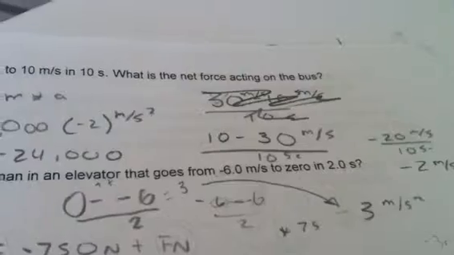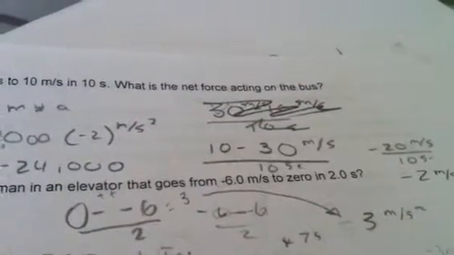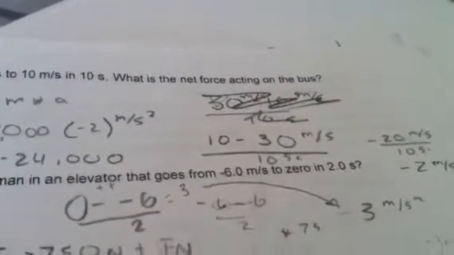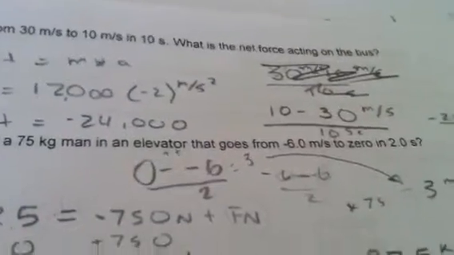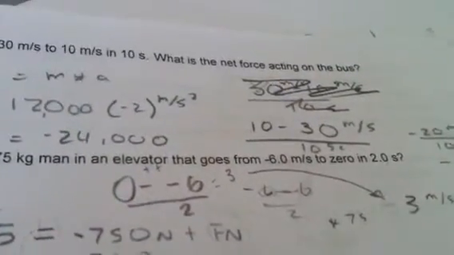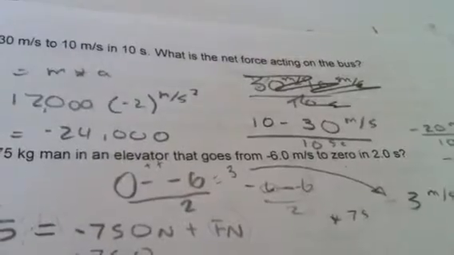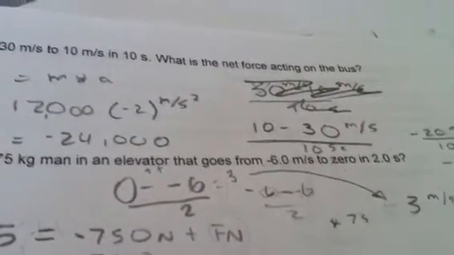We'll do that by taking velocity final minus velocity initial over change in time. So it's 0, because that's our final, minus negative 6, which will actually turn out to be 0 plus 6, divided by 2, which will give you 3 meters per second squared.